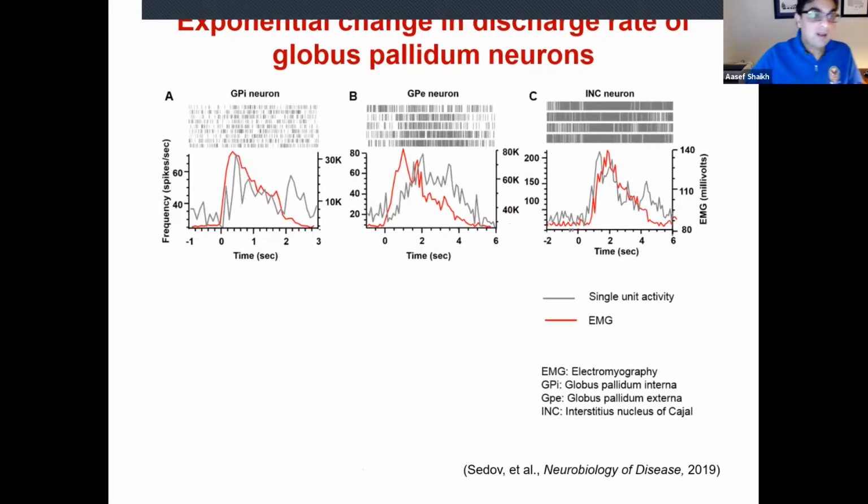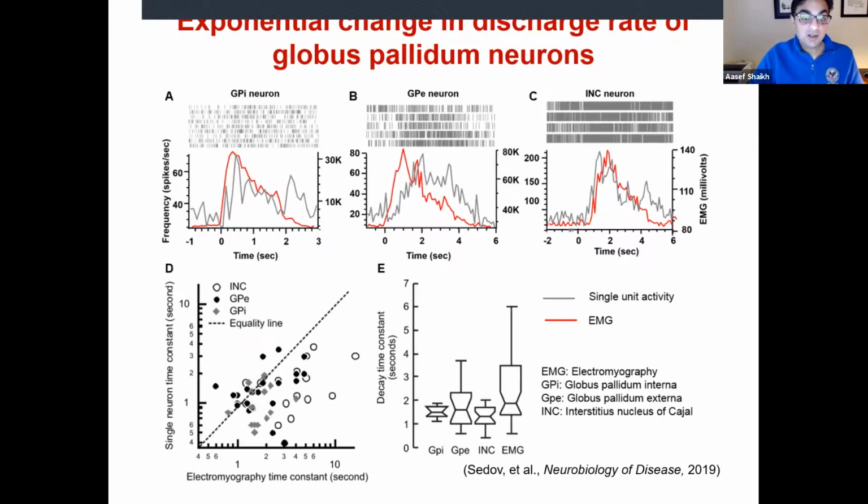So this is a neuron, this is the firing rate, which is in gray. The EMG is in red. And this is the raster for a GPi neuron, a GPe neuron, and this is the nucleus of Cajal from a long time ago. So what we are seeing is that the GPi and GPe neurons both decay, and the decay is somehow parallel to the EMG, just like the nucleus of Cajal.